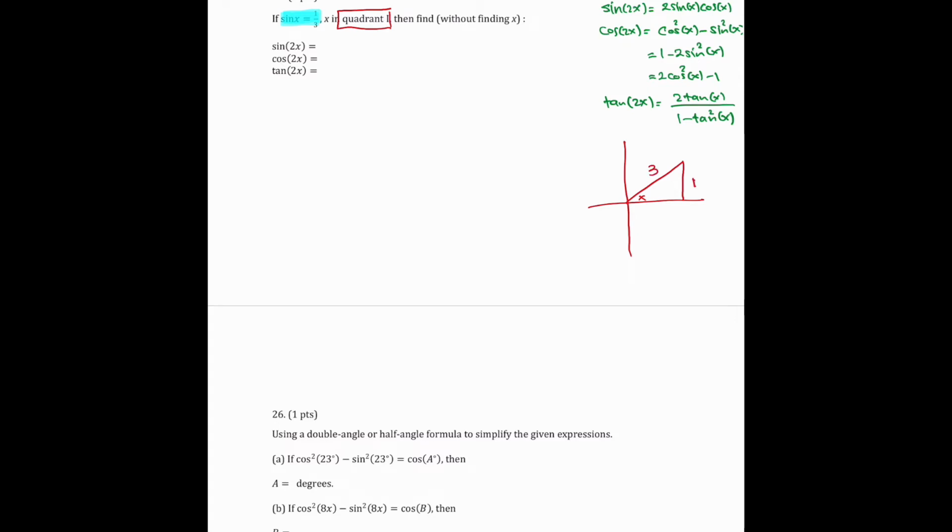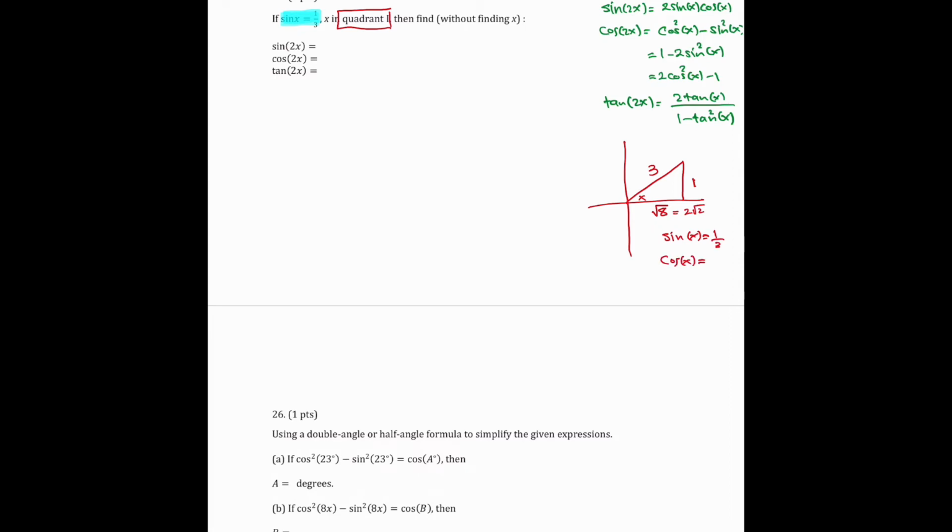Now, the adjacent is the square root of hypotenuse squared minus opposite squared. So 9 minus 1 is 8, square root of 8. I'm just going to leave it as square root of 8. You can simplify that to 2 square root of 2, basically, but I'm just going to leave it like that. We know sine x is given, which is 1/3, and we need cosine x.